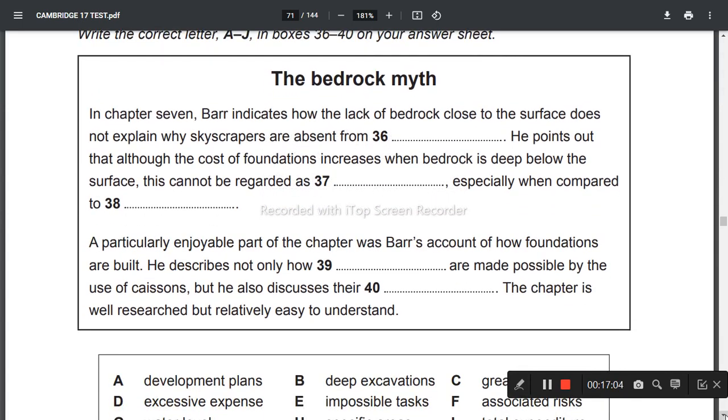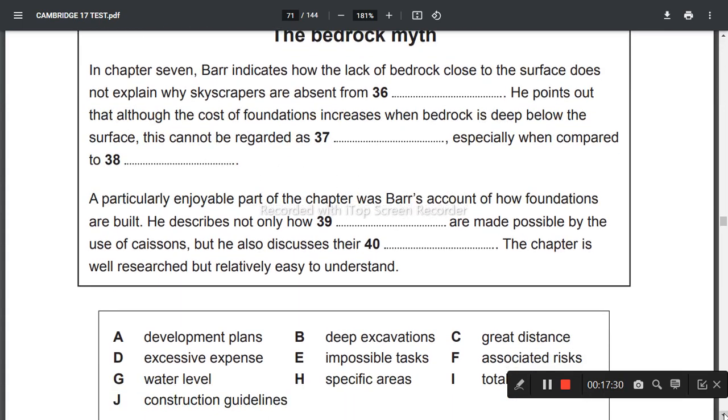The bedrock myth in chapter 7: Barr indicates how the lack of bedrock close to the surface does not explain why skyscrapers are absent from specific areas.